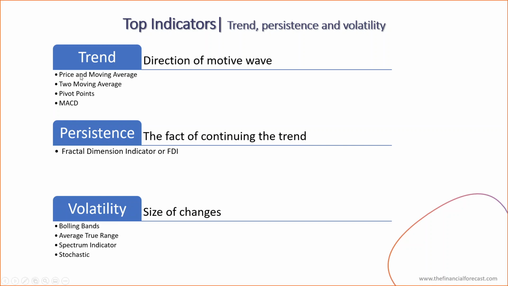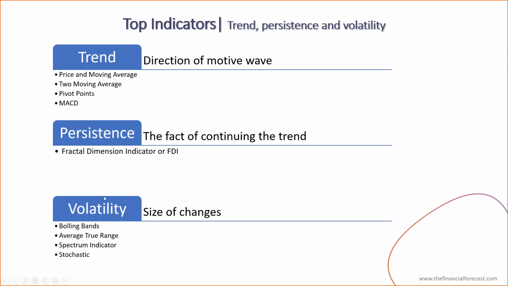For trend, we can use price and a moving average, 2 moving averages, period points. And I like to introduce as an oscillator here the MACD, that is built with the cross of 2 exponential moving averages. Then for the persistence, this indicator is really good. You can really find cycles here. And it's called the fractal dimension indicator, or FDI.